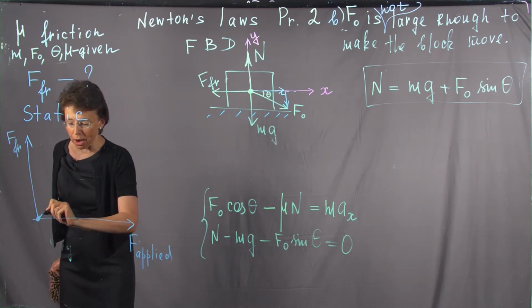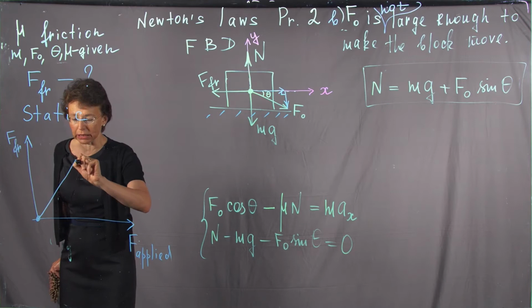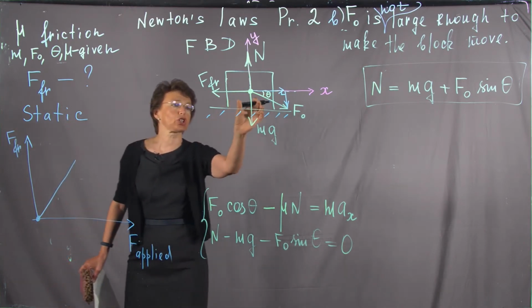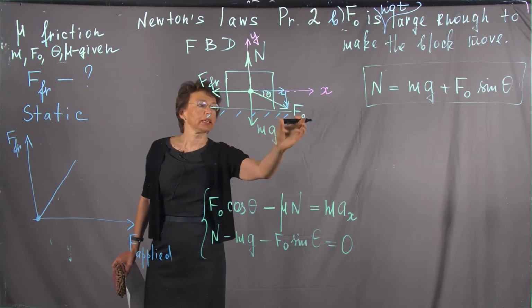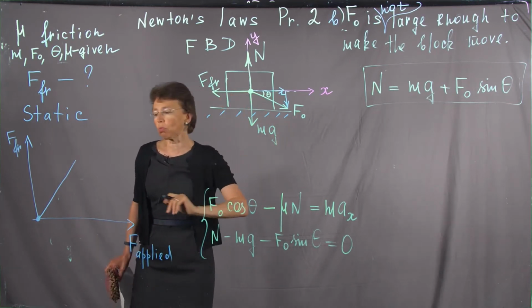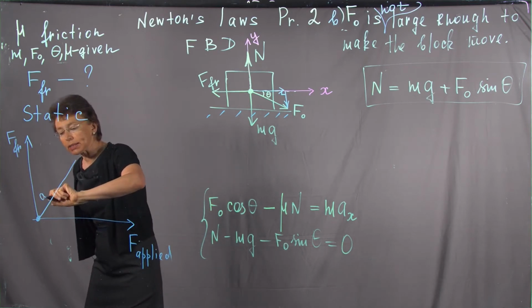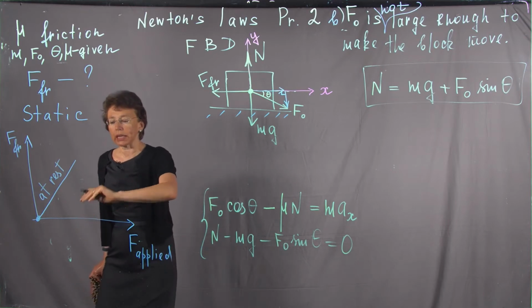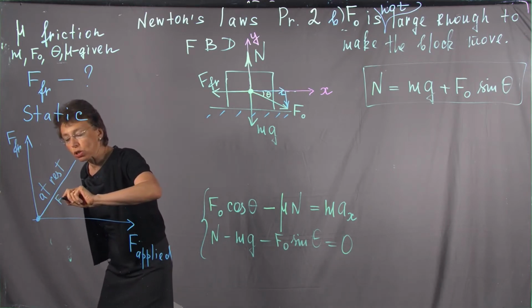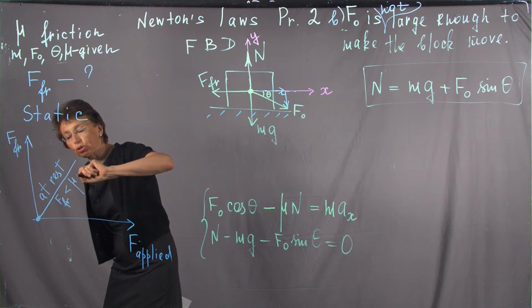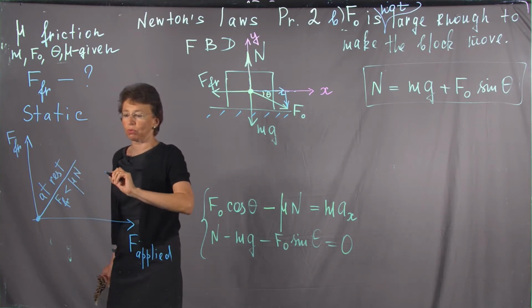Now as the force I apply to the block increases, force of friction also increases. But if F naught is not large enough to make this block move, the block is still at rest, and force of friction here is less than coefficient of friction times normal force.